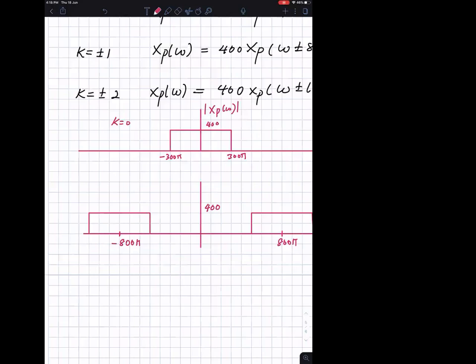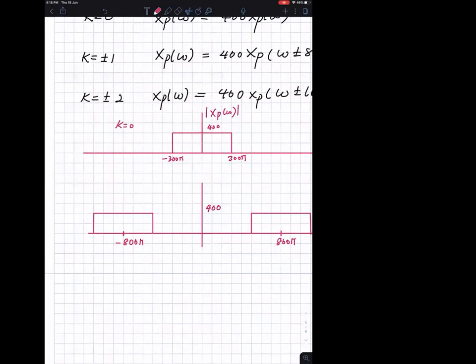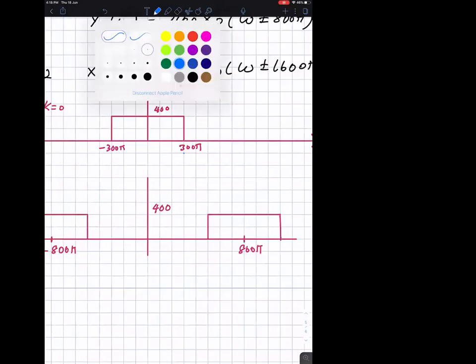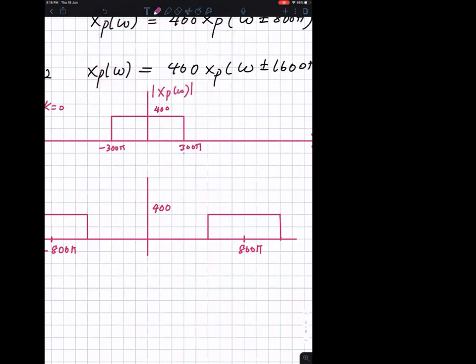The same thing, like here is 300, right? So 800 plus 300, this is going to be 1,100. But we just put the center frequency.